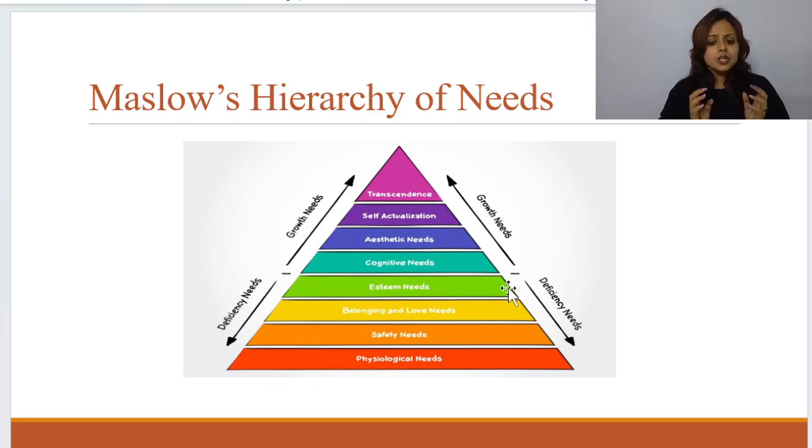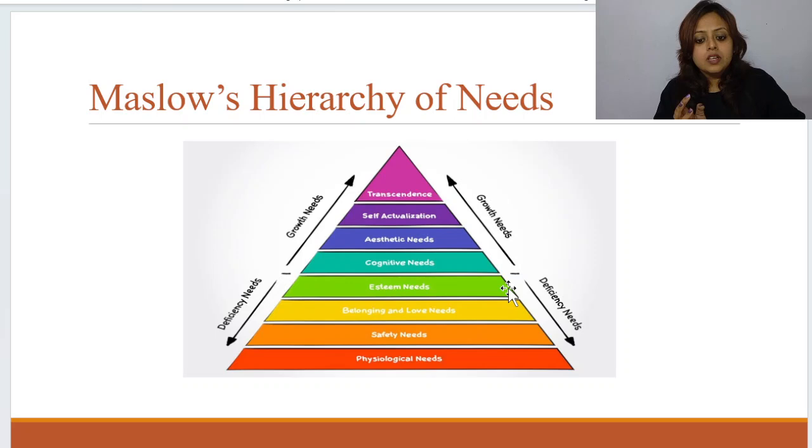These are the needs which, once satisfied, the requirement for more of these things will arise. For example, suppose you have got knowledge about a particular thing. After that, if you find interest in it, your desire to know more about it will gradually increase. So that can be considered an example of growth need.